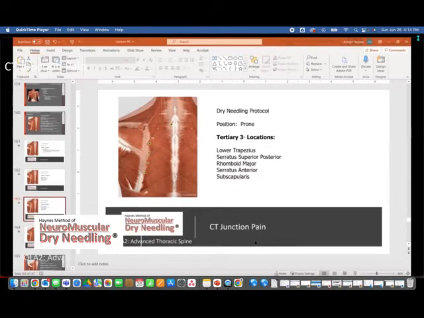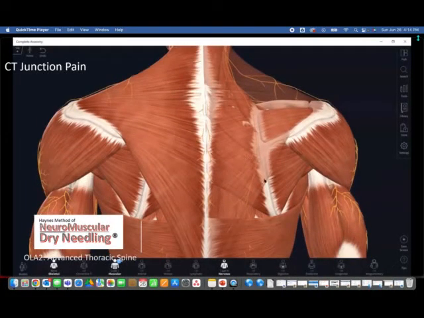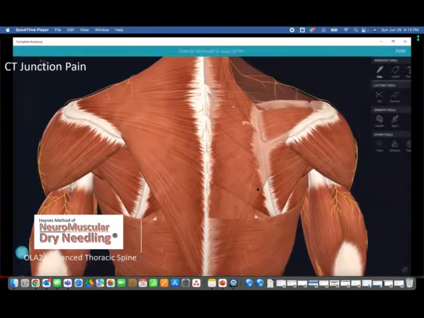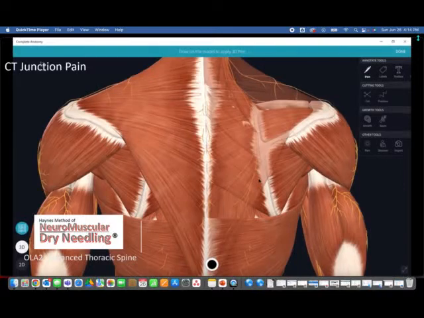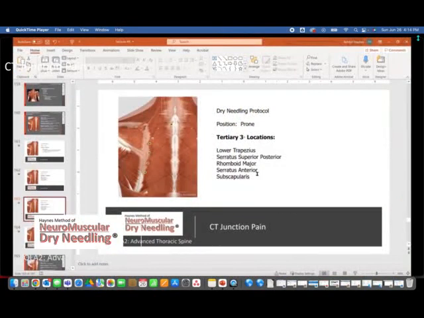And so those five right in a row right there, again, being in a prone position, we'll be able to catch those nice and easily. The lower trap, we can come up a little bit higher and catch serratus anterior, subscap, rhomboid major, and then serratus posterior superior.